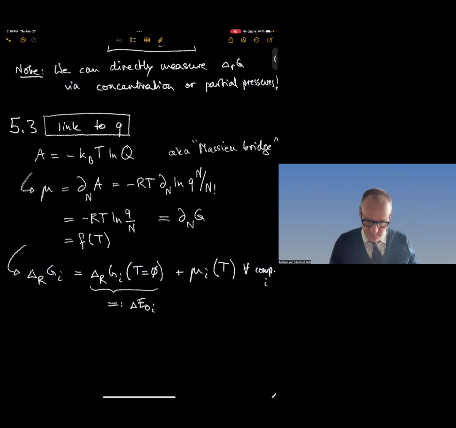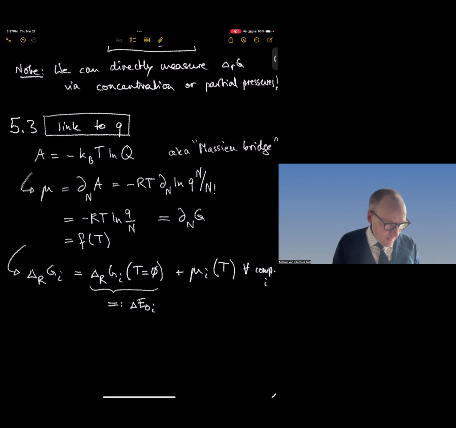here at the place where we had introduced this reaction-free energy at 0 Kelvin, and this is really very much simply the energy. So the internal energy at 0 Kelvin, and in particular the difference between the reactants and the products, right? Now, if we go to the isobaric case, where we consider the Gibbs free energy, then instead of the internal energy, we are talking about the enthalpy.